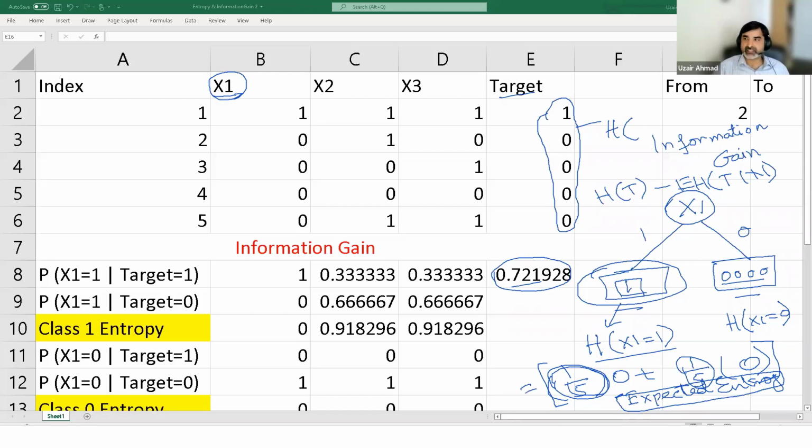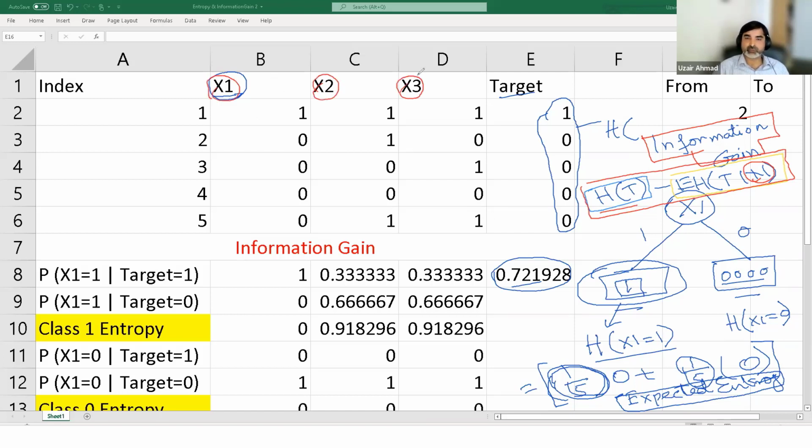That is our expected entropy. Expected entropy is subtracted from the entropy of the original set. This amount, the reduction in original entropy when we know the value of an input variable x1, is referred to as information gain. Information gain is the criterion that we can use to rank these variables.